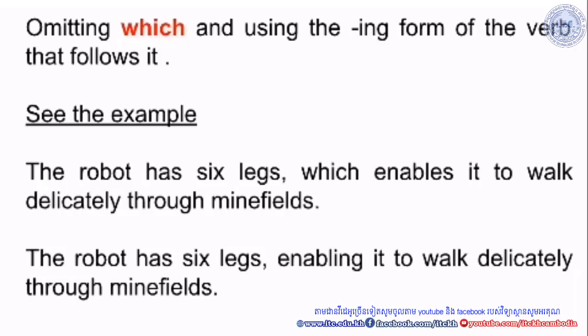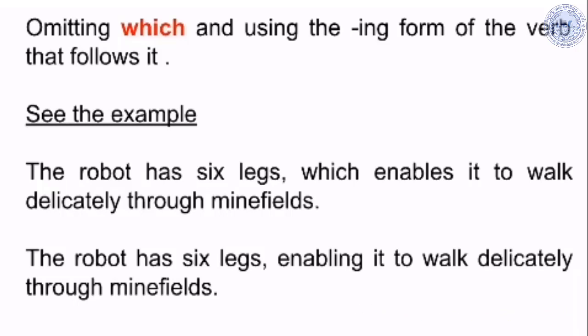So you see, in the first sentence, when you use which, the verb after which must be third person singular. So the verb here is not just enable, but enables. You have to add s.